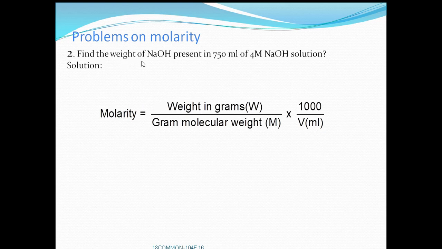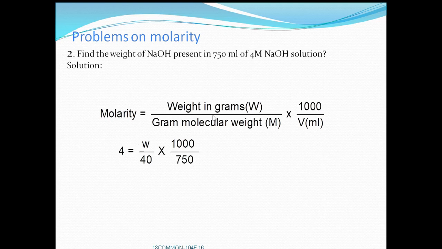What is the question? Weight of the NaOH. So we can write W equals molarity into gram molecular weight into V by 1000. So we have to rewrite that formula. Molarity here is 4M.